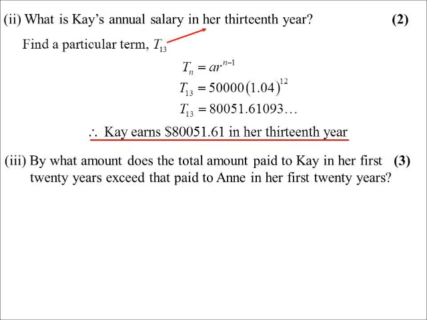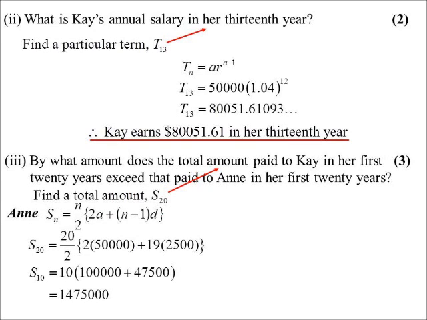So by what amount does the total amount paid, so over all the years, in her first 20 years, clearly now K will continue to get better and better as the years go on, but over the whole of the first 20 years, how much more money is she going to get than Anne's going to get? So all right, we're finding sum to 20.